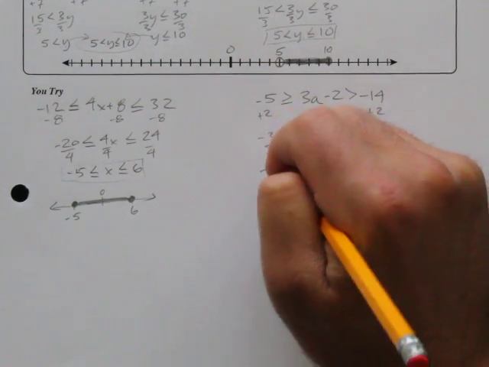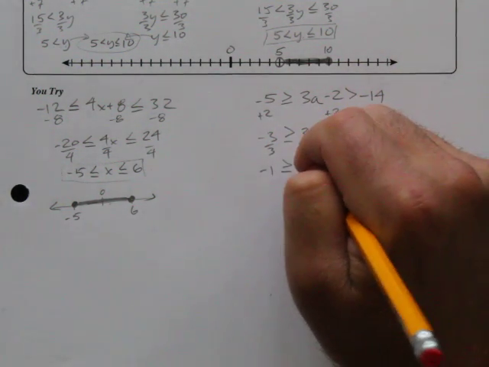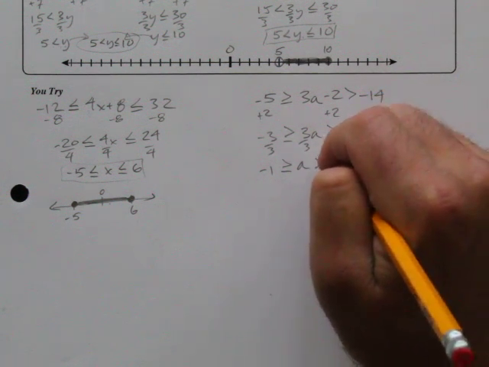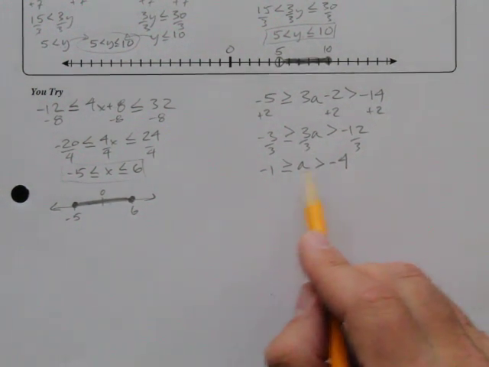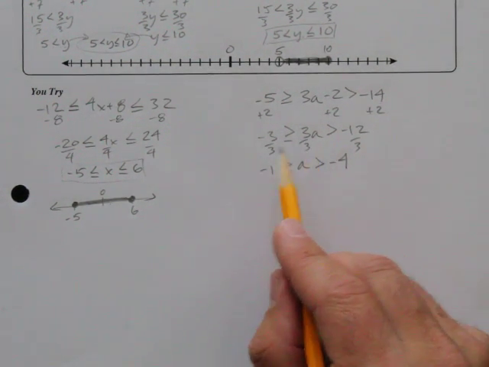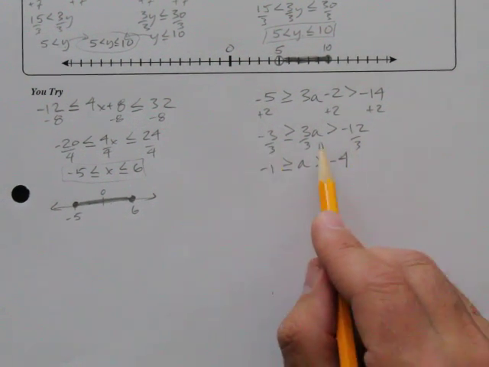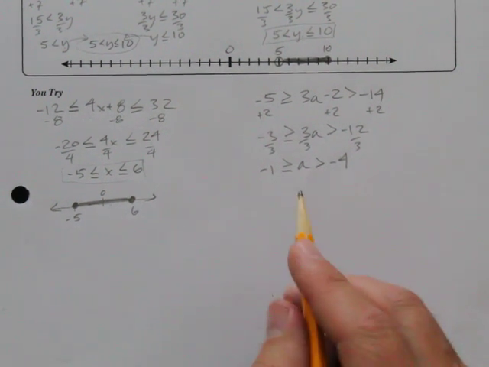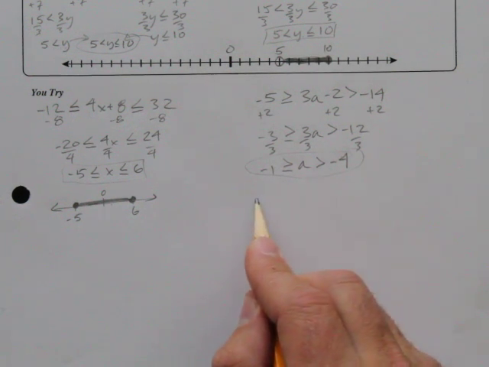I got negative 1 is greater than or equal to a is greater than negative 12 divided by 3 is negative 4. Now notice I didn't flip any of these inequalities because I divided by a positive number. Even though these are negative here, I still divided by a positive, so I left my inequalities the way they were. So there is my answer here, and I'm going to graph this as well.